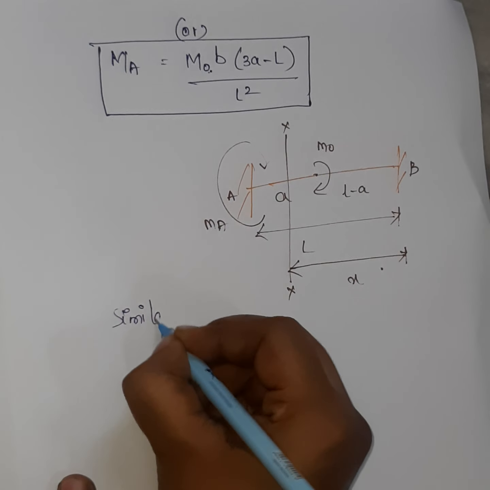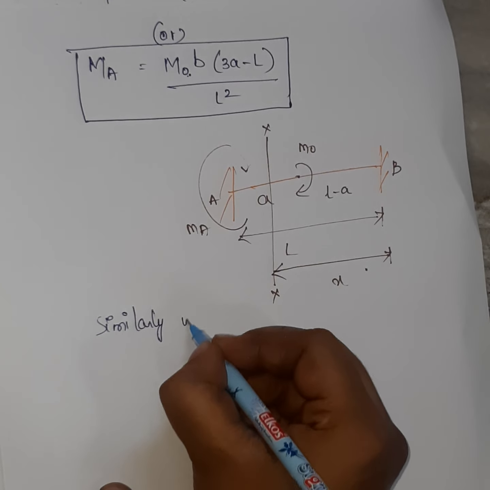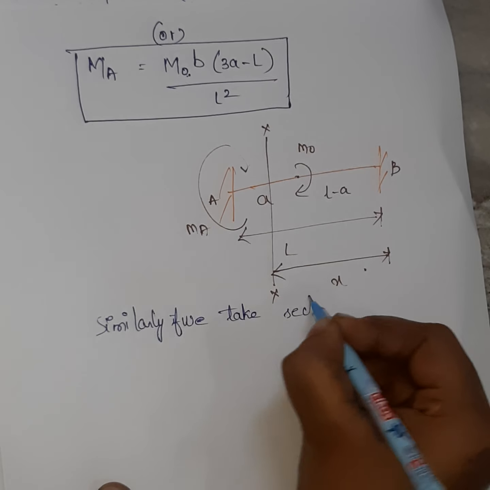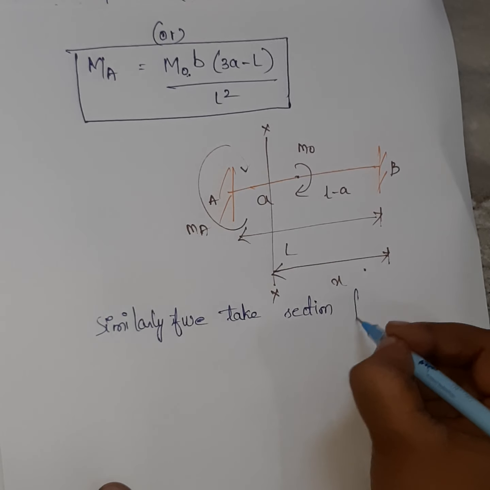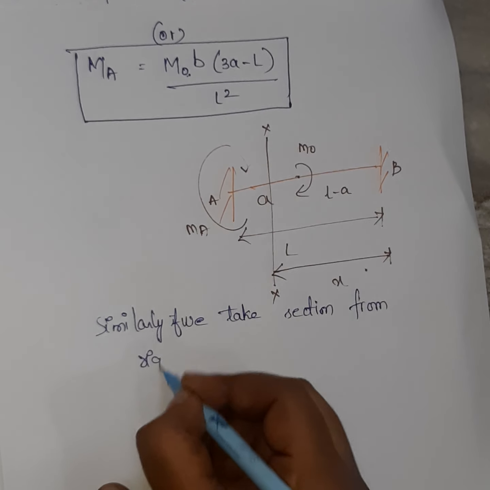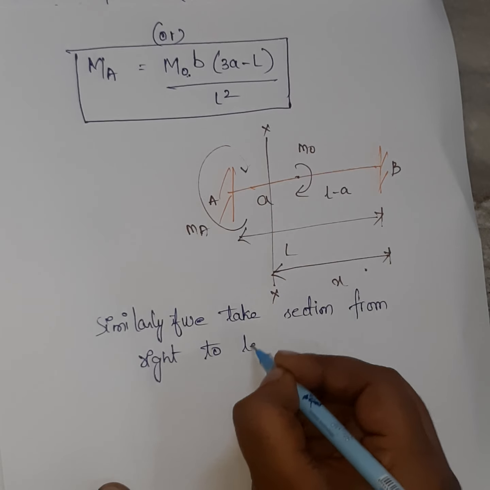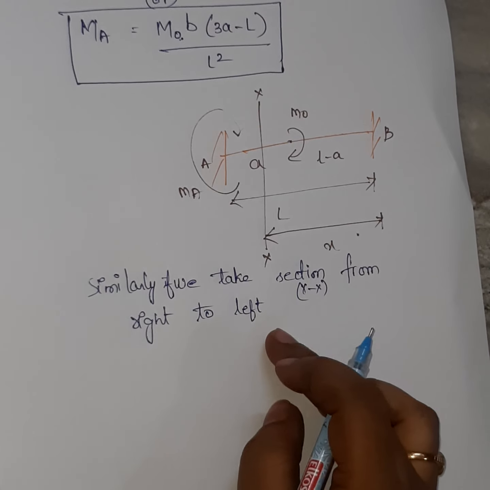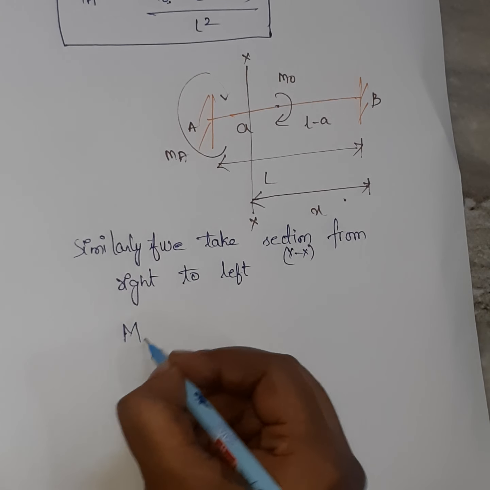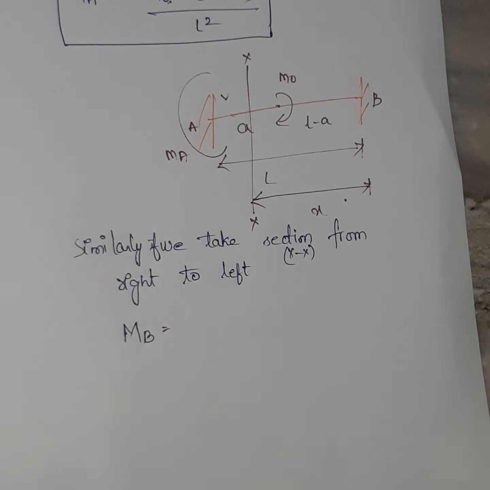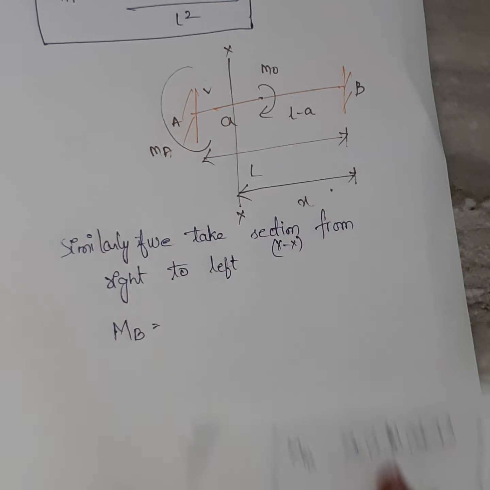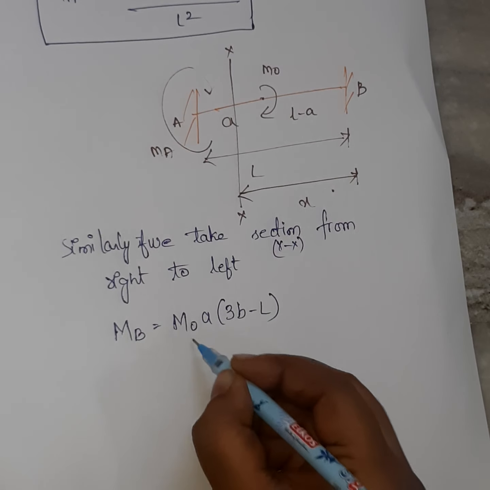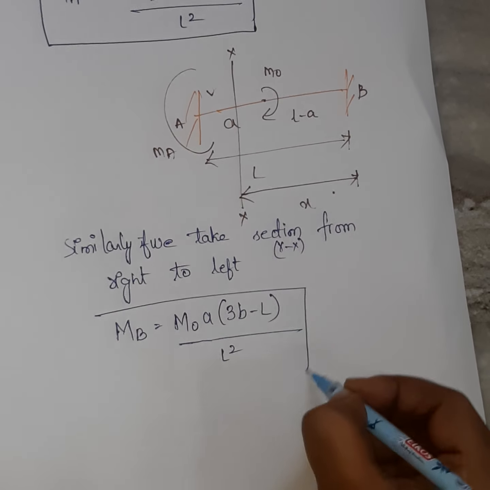Similarly, if we take the section xx from right to left, you will get MB equal to what we had for MA, this equation: M naught a into (3b minus L) by L square.